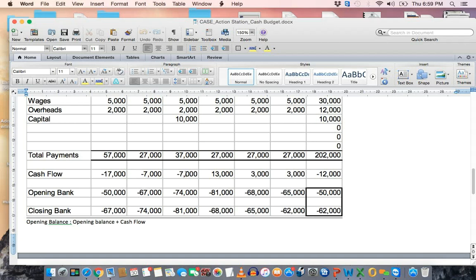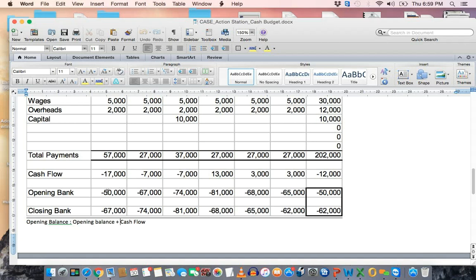And again, if you have this opening balance 67,000, and then you have the cash flow of the next month, if you add this, that will give you the opening balance of that month. So the opening balance of the previous month plus the cash flow of this month will give you the closing balance of this month.